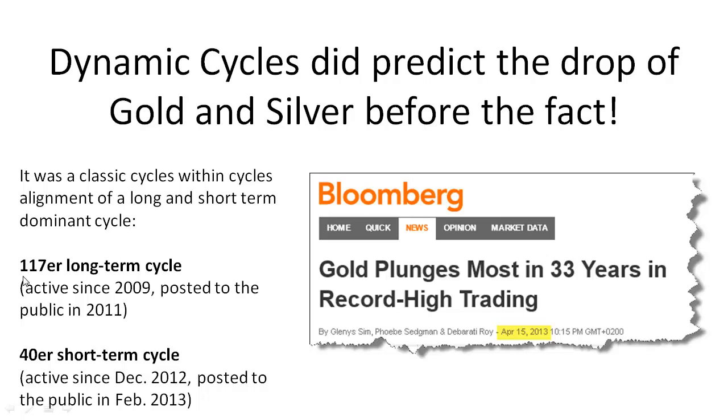We had this long-term cycle with a length of 117. This one was active since the year 2009, and this was posted to the public already in 2011. We had a short-term cycle with a length of around 40 bars or 40 days, which was active since December 2012, and again, this also was posted in a public forum already in February 2013.